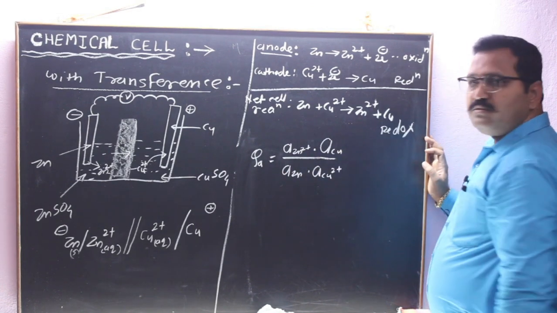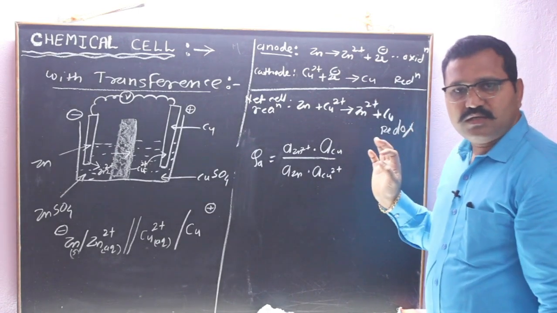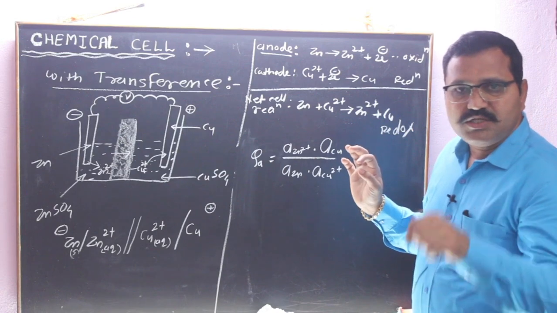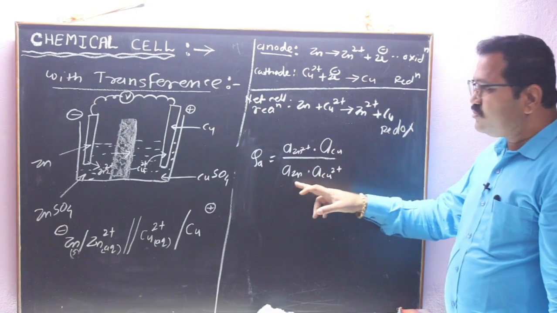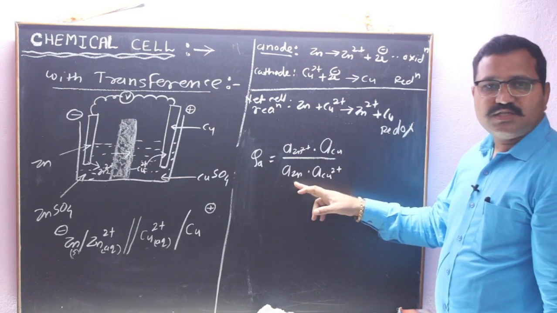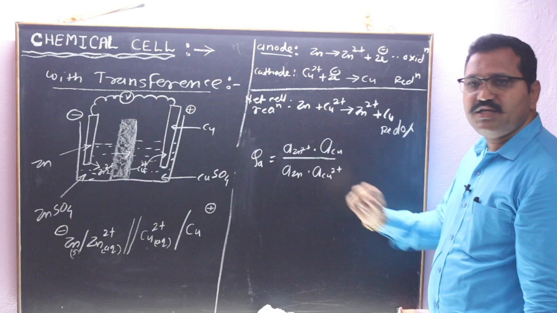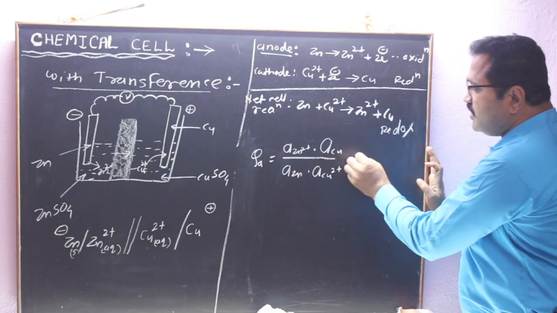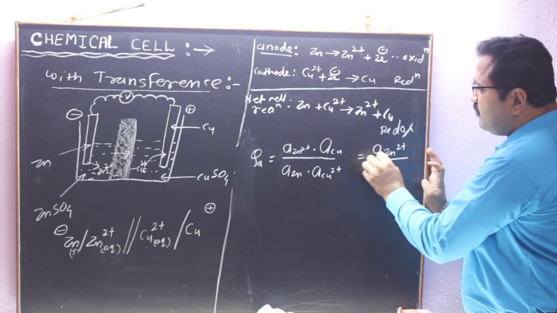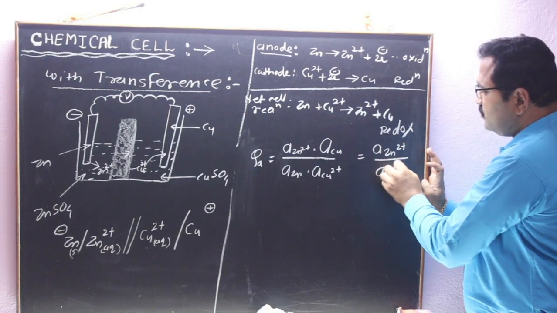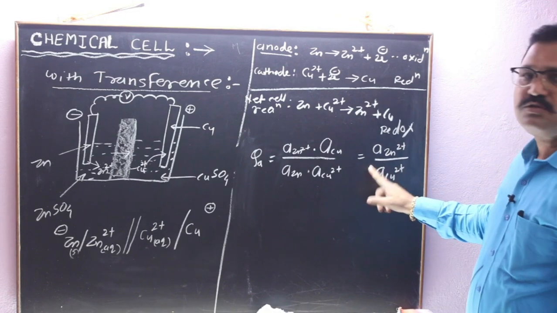But the activity of any metal in its pure standard state, like solid copper or solid zinc, is considered as unity. Activity of copper is unity, activity of Zn is unity. Therefore, Q_a is equal to activity of Zn2+ upon activity of Cu2+. This is the reaction quotient.